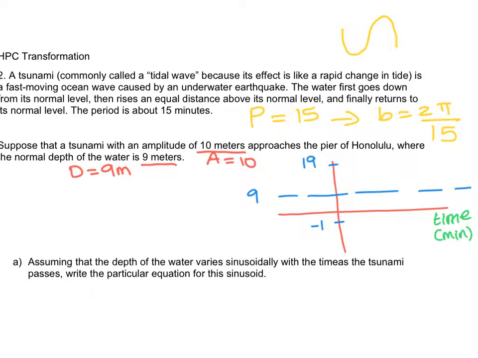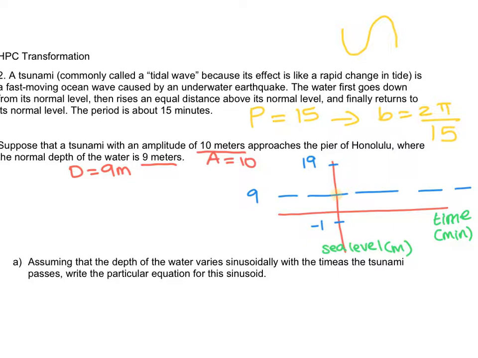They gave me the period to be 15 minutes. And the y-axis in this case represents the sea level in meters. So at t equals 0, it's going to be at its normal level, which is where the midline is. So it starts from here.